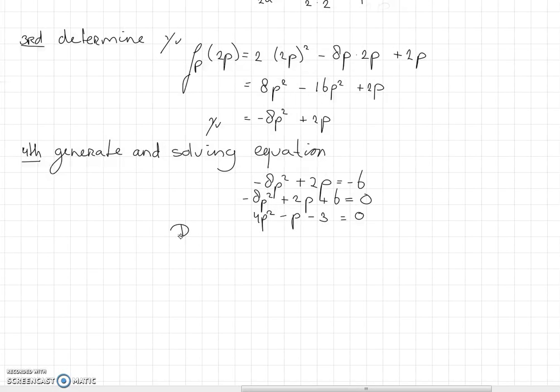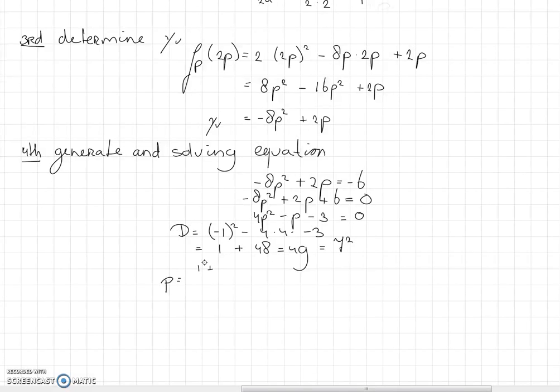So we calculate the discriminant, and that is (−1)² − 4 times 4 times −3, or 1 + 48, which is equal to 49. Note that 49 is 7², so we can write down that p, which is the variable in this equation, is (1 plus or minus the square root of D) divided by 2 times 4.